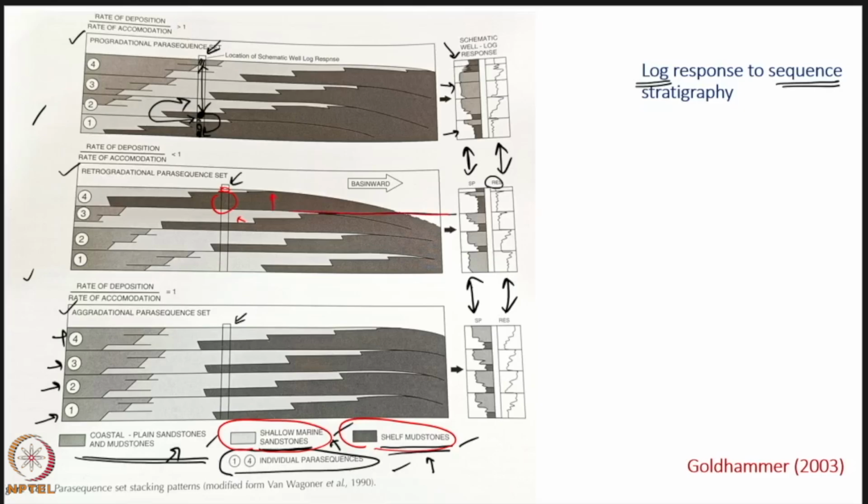So, here we have got the shelf mudstone and here we have coastal plain sandstones and mudstones. And what do we observe in the resistivity curve? From here the curve takes a jump. Similarly, you can look at this jump and correlate, and look at this jump and correlate. Similar observations can be made with the SP log and resistivity log in case of aggradational parasequence and progradational parasequence.